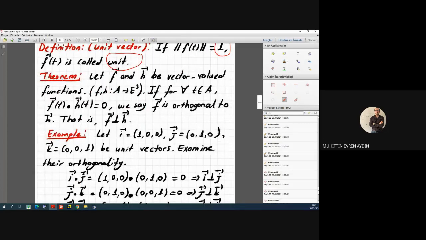We already saw an example of orthogonality. Let's define it formally. Let F and H be vector valued functions.